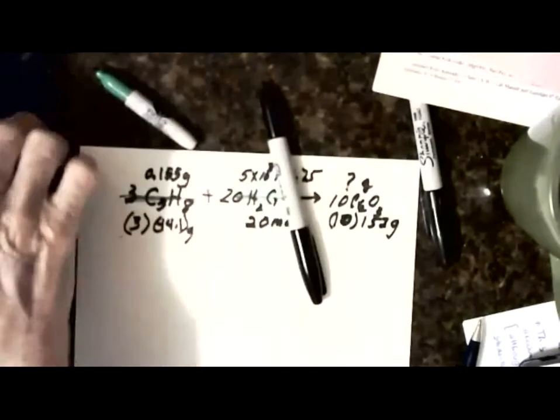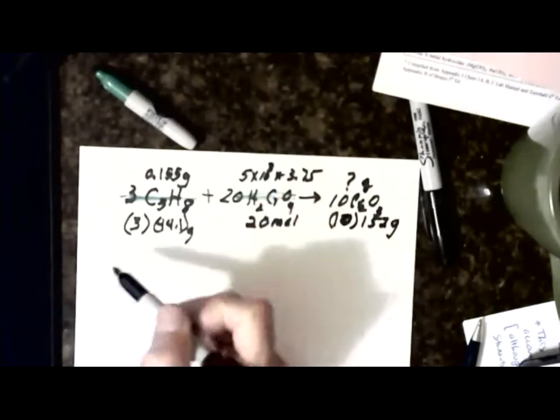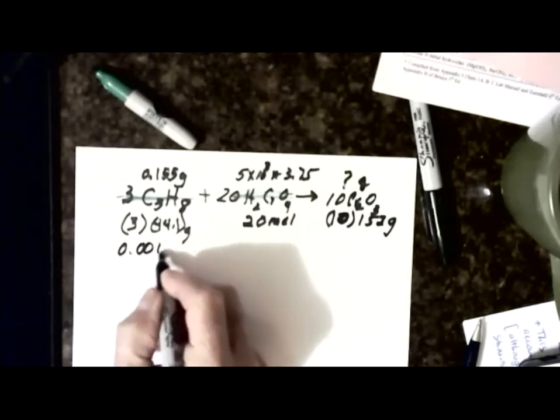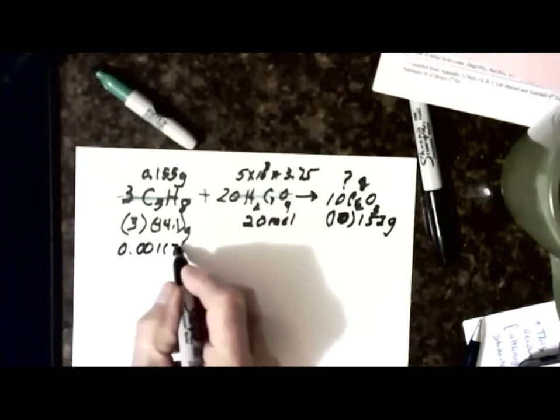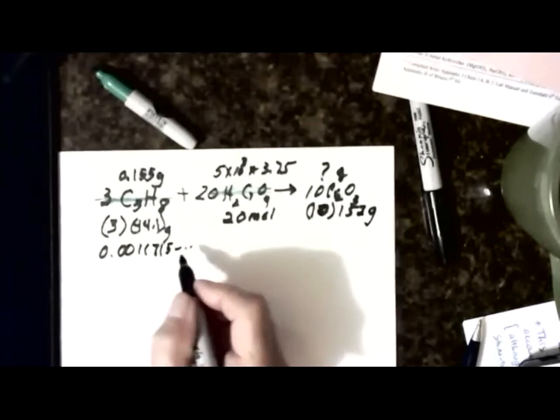So let's do those, and I'll copy the numbers I get off my calculator. 0.155 divided by 3 and divided by 44.1. This first rebalancing factor is 0.0011715, a whole bunch of other digits, but I'm not going to lose any of them.